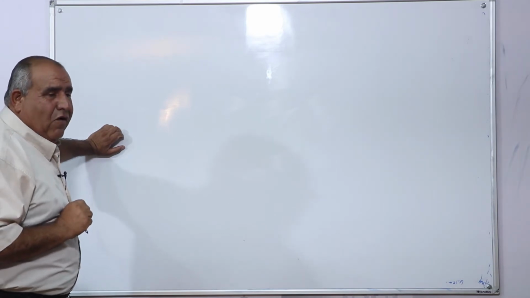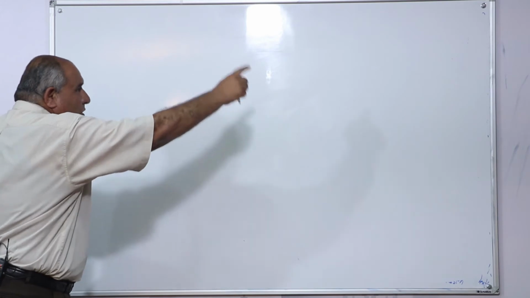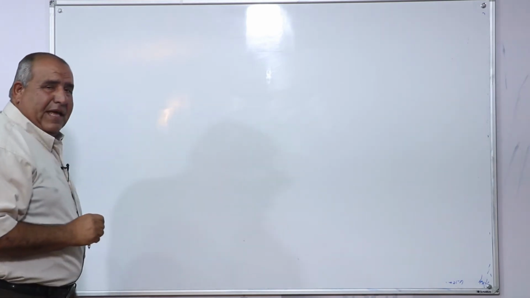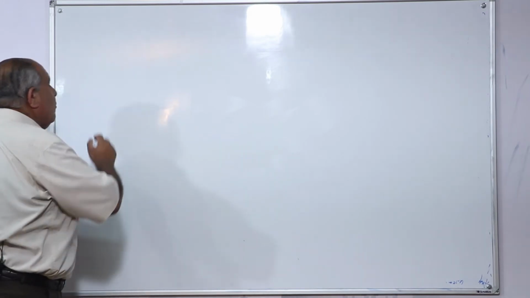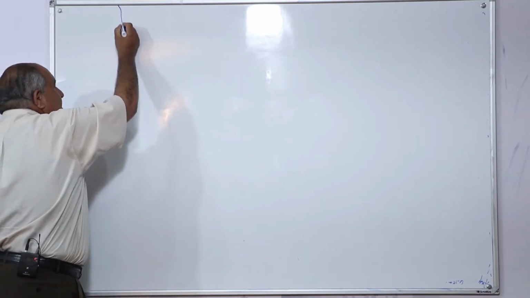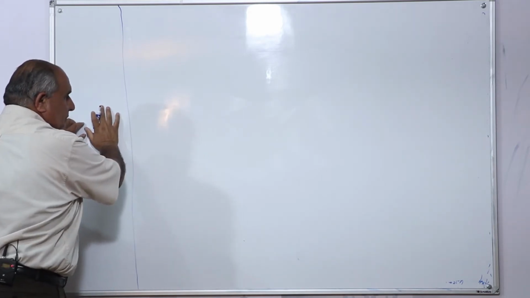Let's begin with the form of the paragraph. Now, let's assume that this board is the page of the paper. Number 1, we are going to leave a margin like this from the very beginning. We do not write here at all.